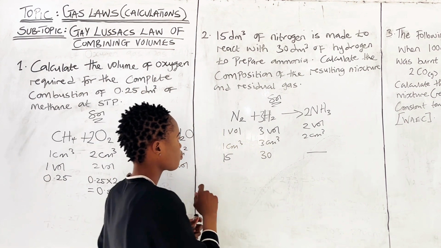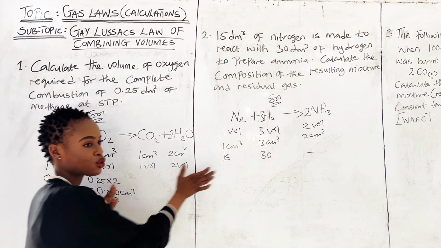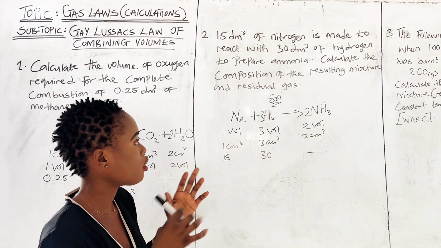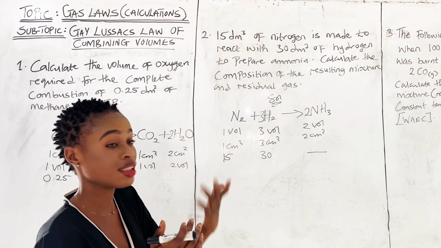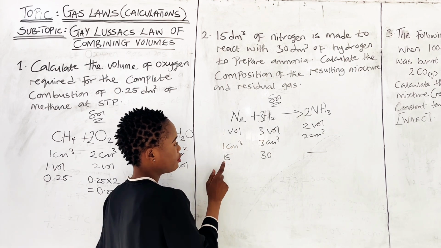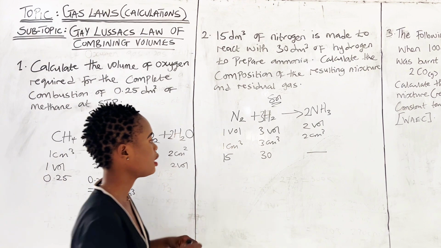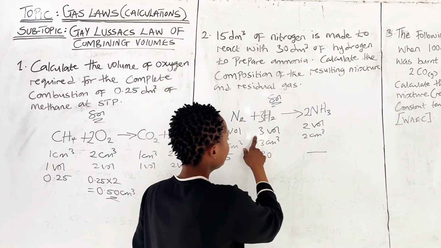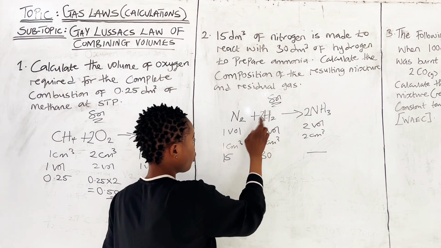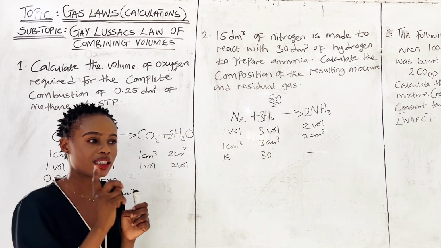Now let's use the logic we used in solving the first question to solve the second question. Remember, we have to calculate the composition of the resulting mixture and the residual gas. So if 1 centimeter cube is 15, and they told us that 3 centimeter cube is 30, now we want to find out what 1 centimeter cube is.